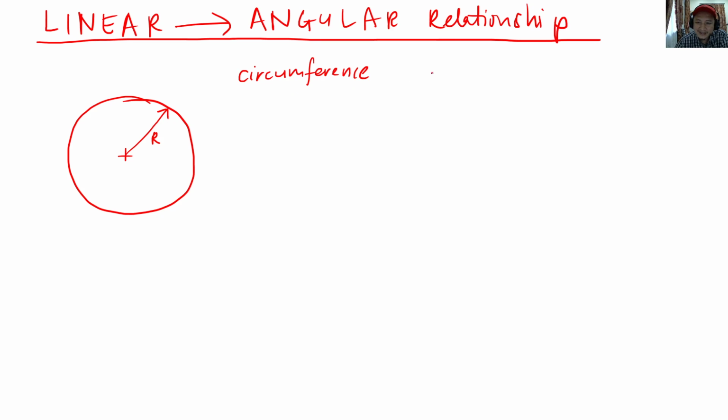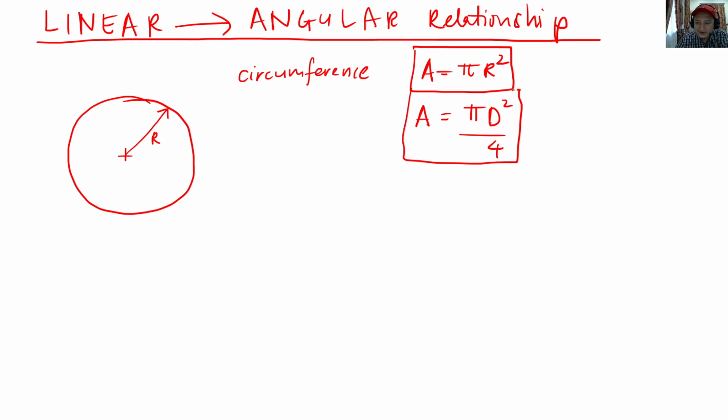I know you remember one thing: area is equal to pi r squared, or area is equal to pi d squared over 4. This is also something very important for you to remember. But this one is area, right? Seldom do we use circumference.